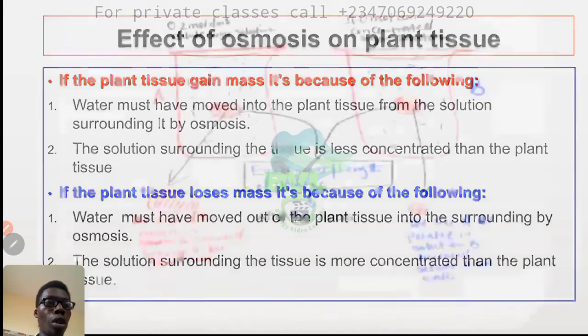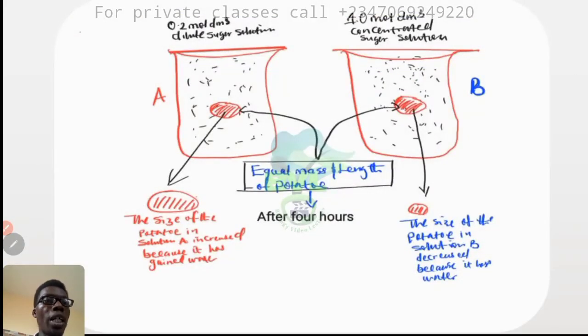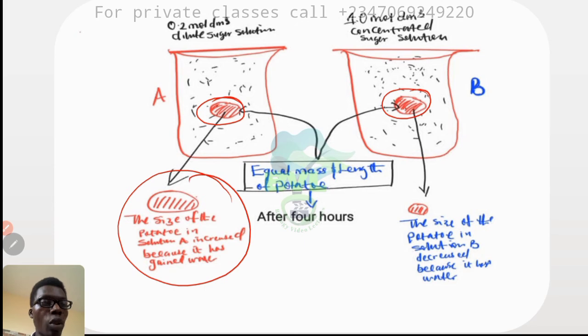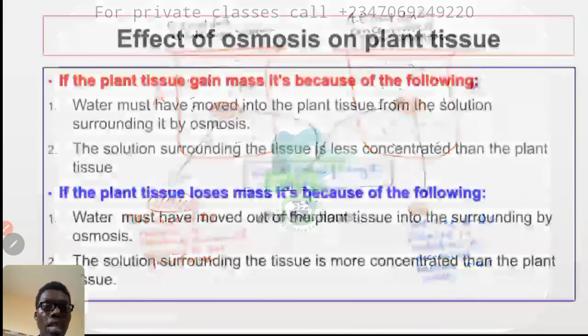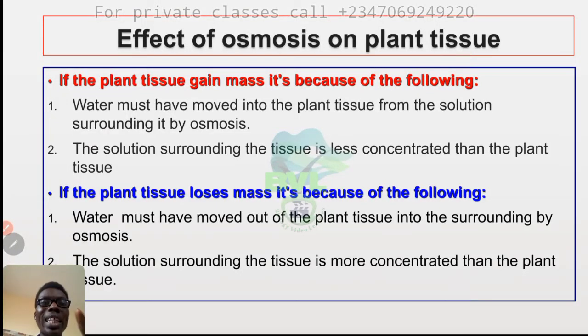Let me show you something. If you have the same equal amount of potato put into two jars, let's just assume they're the same. Then after you finish, this one has become bigger, this one has become smaller. Why has it become bigger here? The reason is that water has moved in.